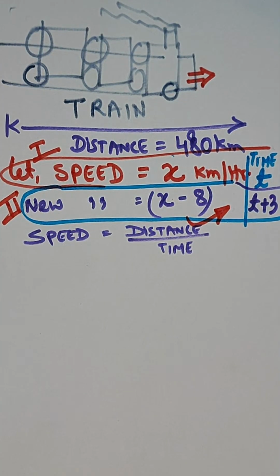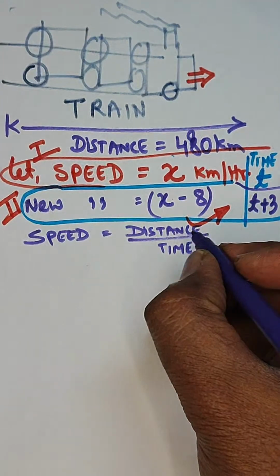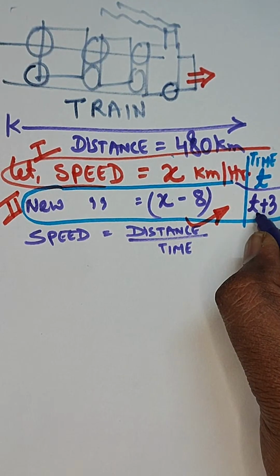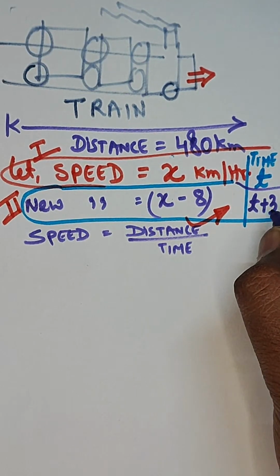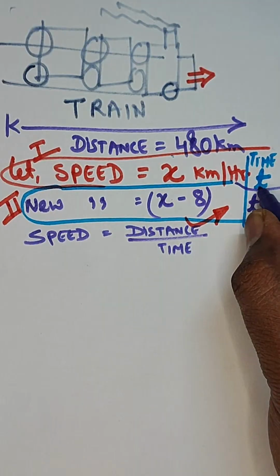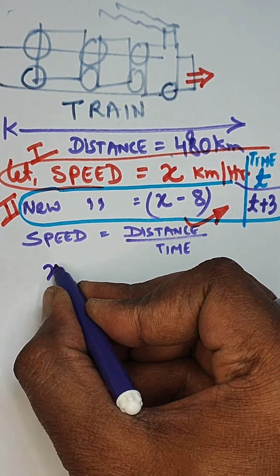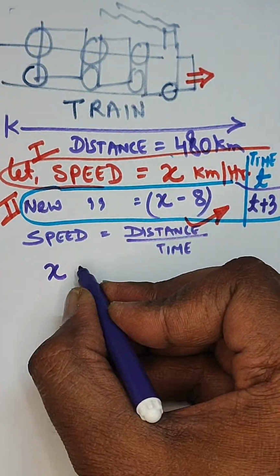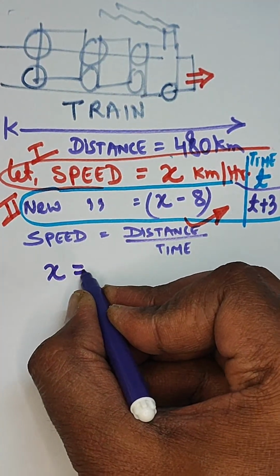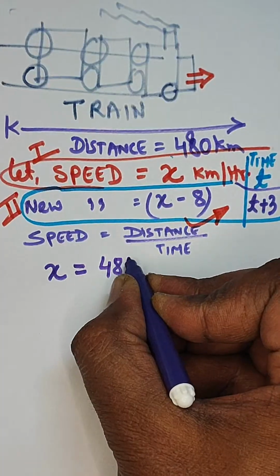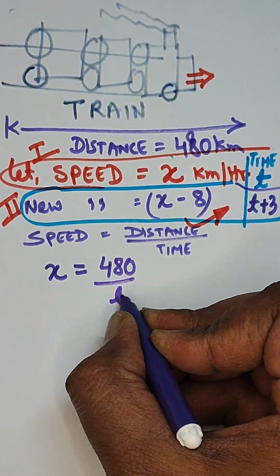So my dear friends, if we equate time, from the first case, speed x is equal to distance traveled by time.